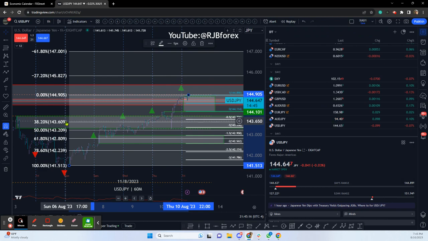We can identify that 38.2 is around 143.60, 143.20, the 50% mean reversion, coming right down into 61.8, 142.80, sorry, 142.80.